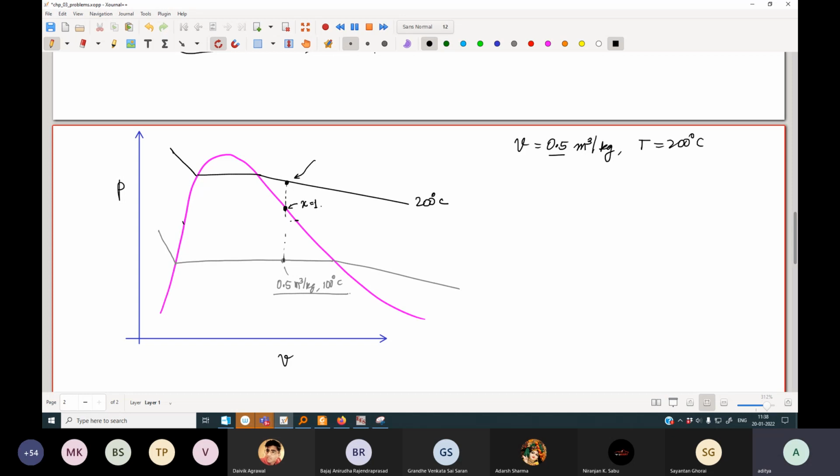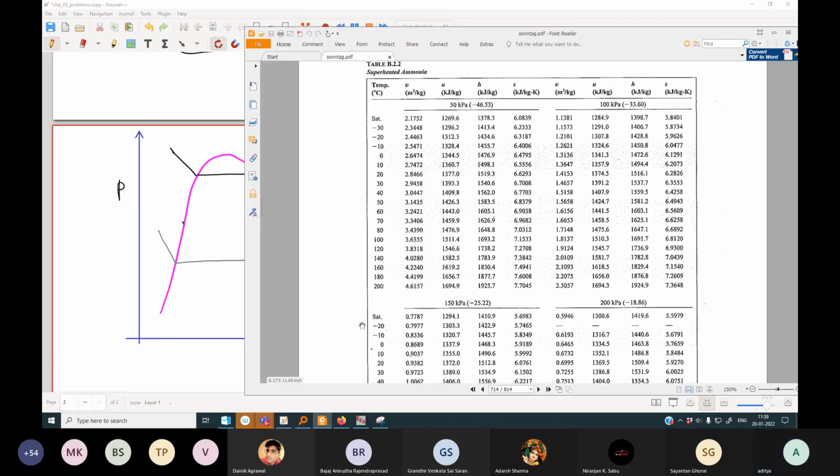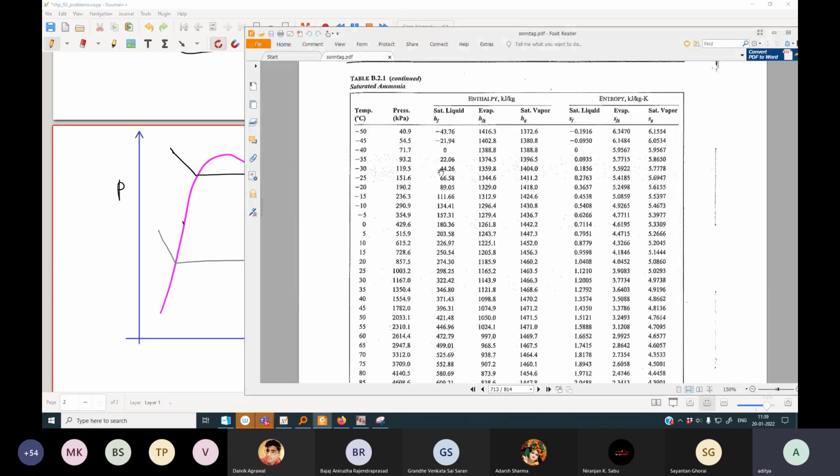So step 1, find T at 0.5 meter cube per kg and x equal to 1. All right, let's do that, no problem. So we go to water.